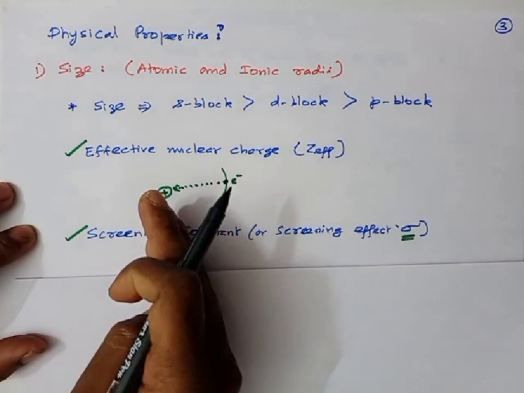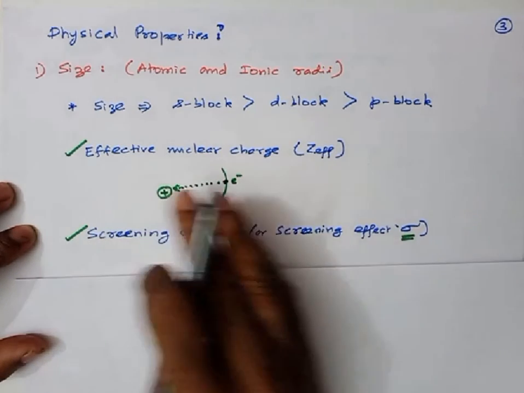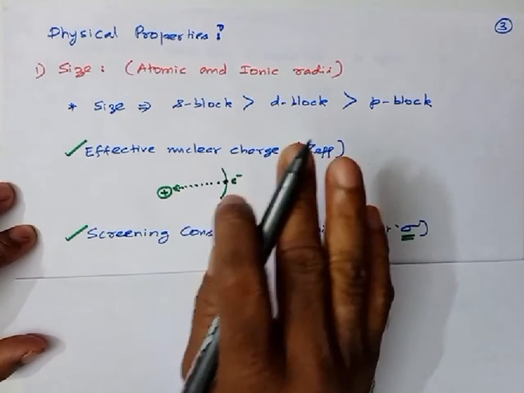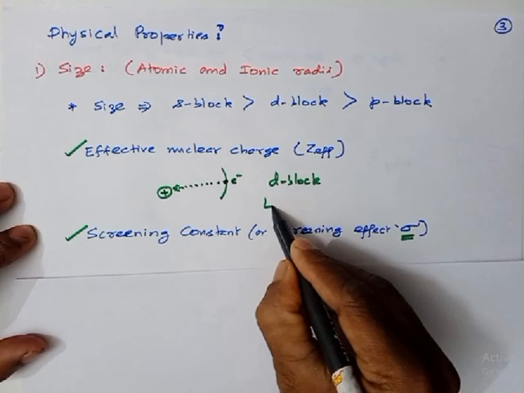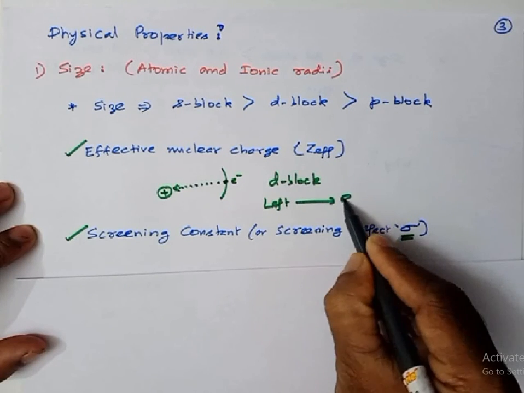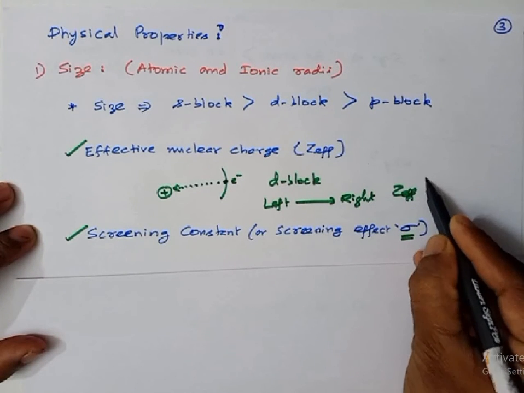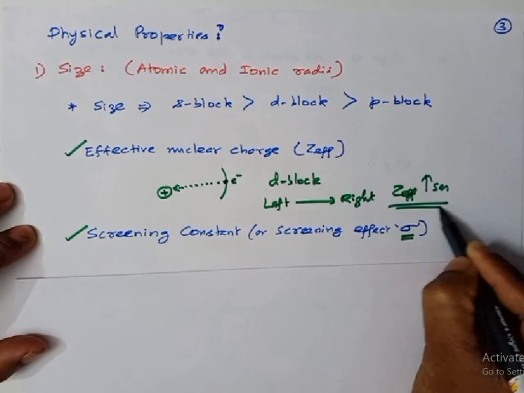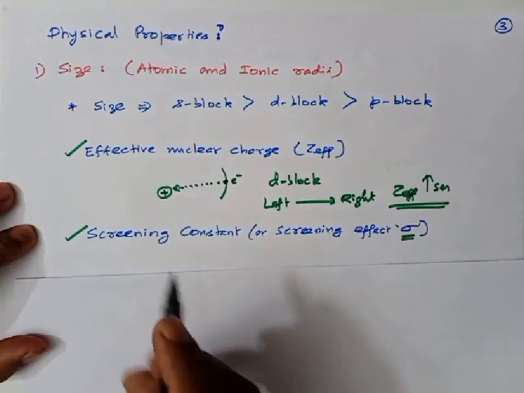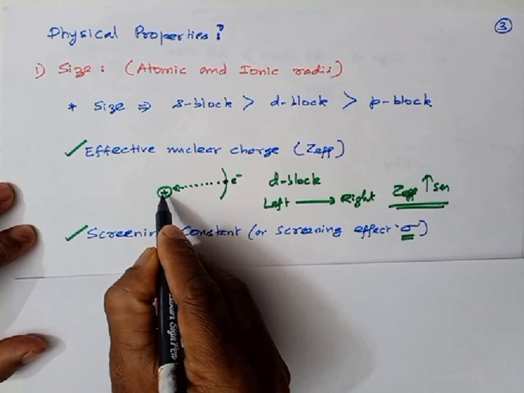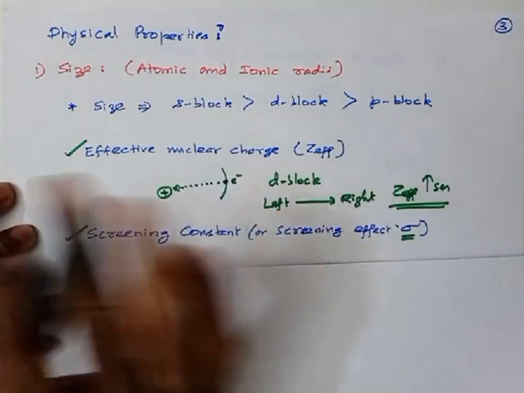When you move from one atom to another from left to right in the periodic table, and in D block very specifically, effective nuclear charge increases. Because when you move from one element to the next from left to right, one proton is increasing in the nucleus. Neutron also changes, but that is not important now.